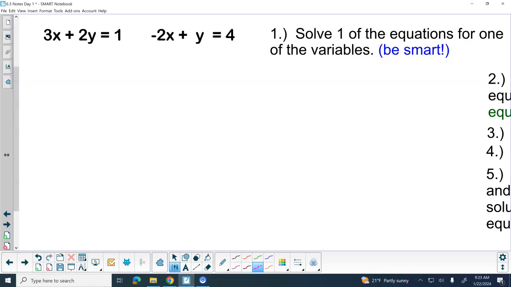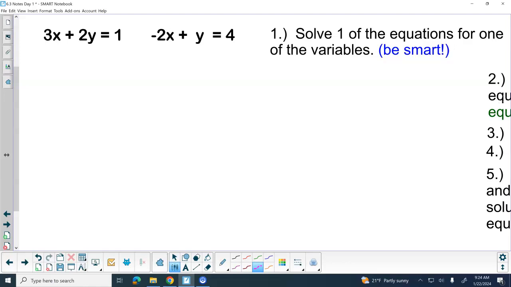So we either have to solve the first equation for x, the first equation for y, the second equation for x, or the second equation for y. Which is the smart one to solve for? The second one for y.